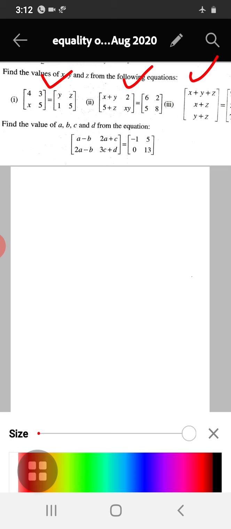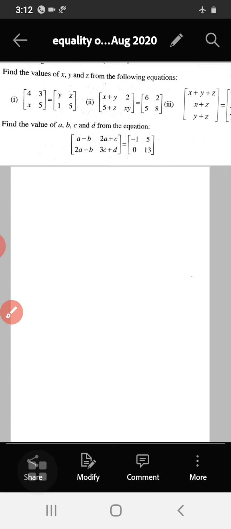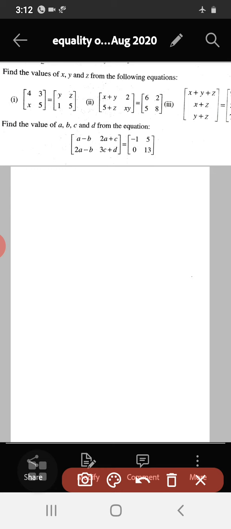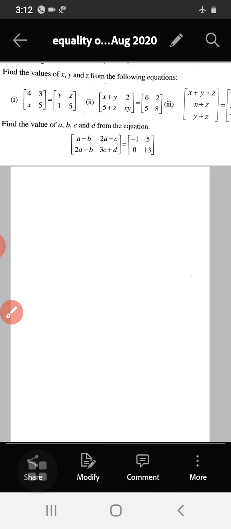And find the values of a, b, c, and d from the equation: a minus b, 2a plus c, 2a minus b, 3c plus d is equal to minus 1, 5, 0, 13. Okay, so in this class let us solve. Here three conditions are there, so let us solve that.